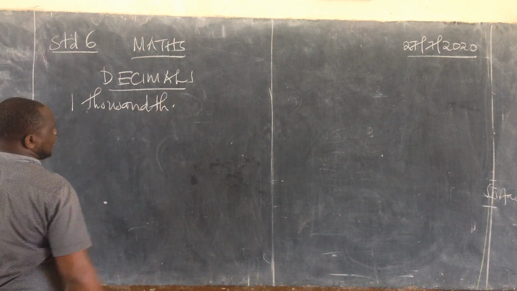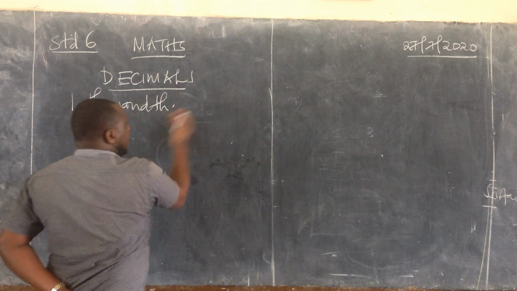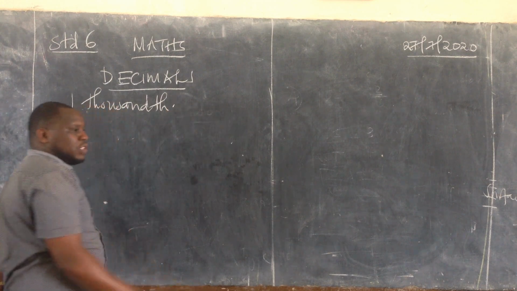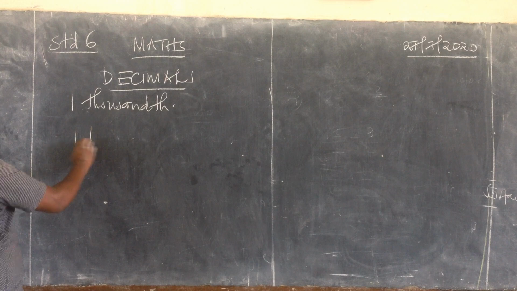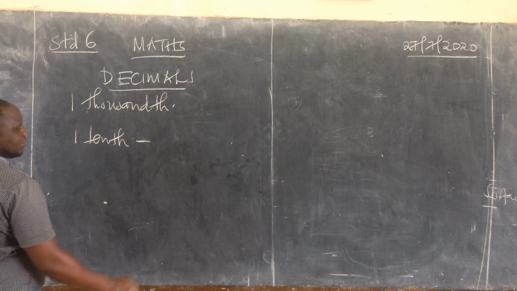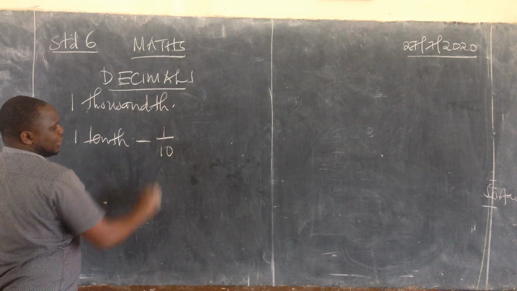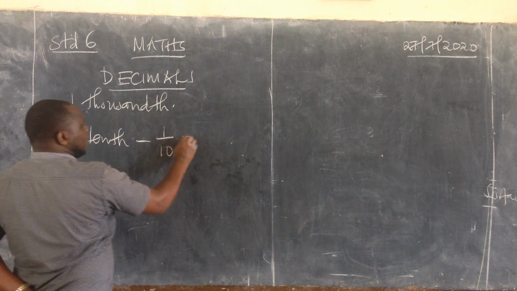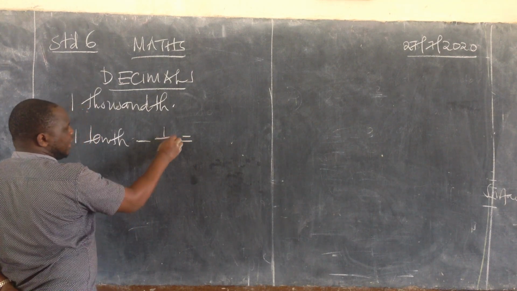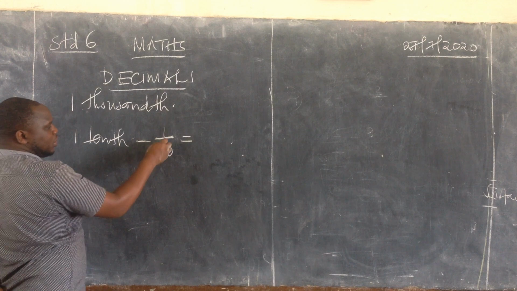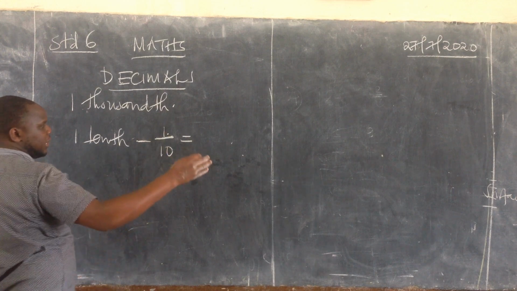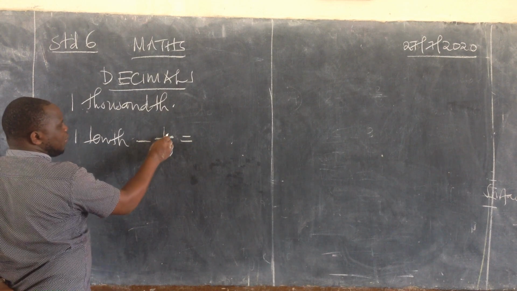When you talk about tenths, for example, 1/10 simply means one tenth. This in decimal form: the decimal point of our number is to the right hand side of the number. So the decimal point is here.